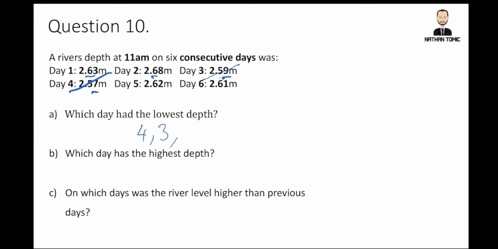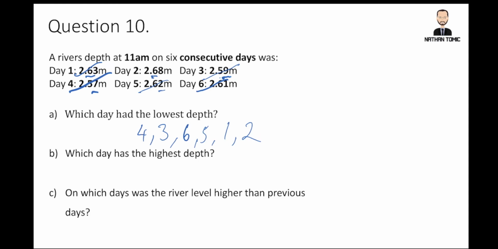So now going back to all these other ones that had a 6 for the first decimal place, looking at the second decimal place, I've got a 3, an 8, a 2 and a 1. Well, 1's obviously the smallest, so that's going to be day 6 going there, followed by day 5, which had a 2 in that second decimal place, followed by day 1, which has a 3 in the second decimal place, and followed by day 2 as our last one.